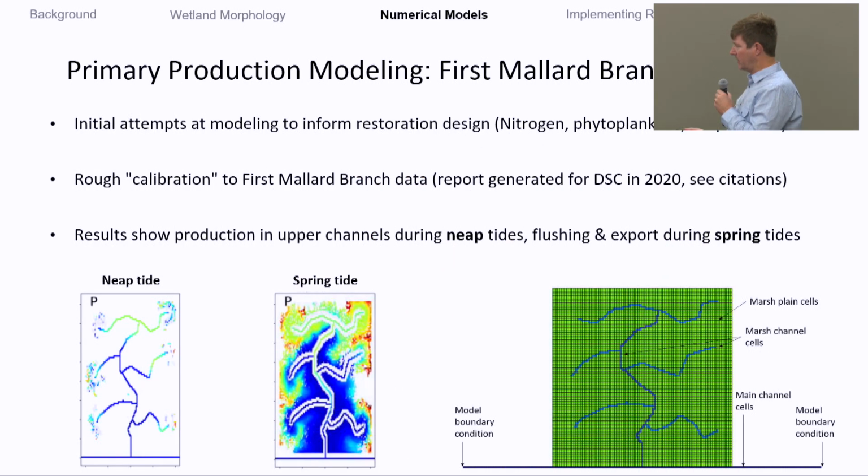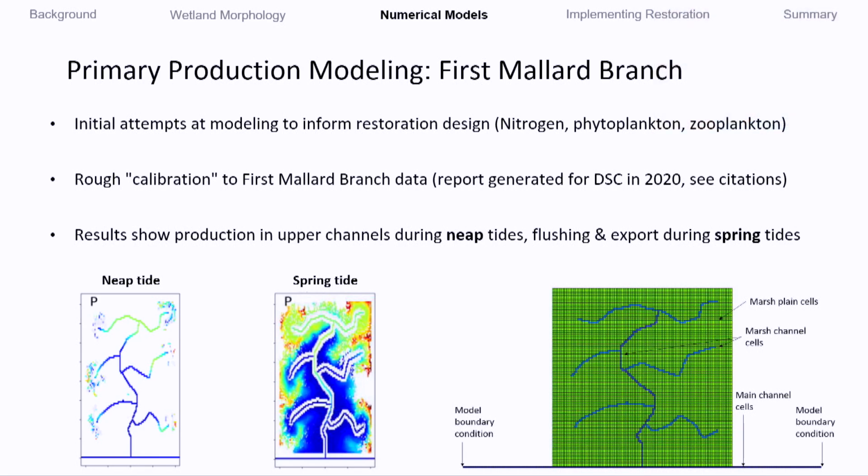So next, to take it a little step further, Steve Andrews at RMA developed a numerical model that explicitly models water exchange, nitrogen, phytoplankton, and zooplankton concentrations. And while this is a generic marsh, it was roughly calibrated for First Mallard Branch.